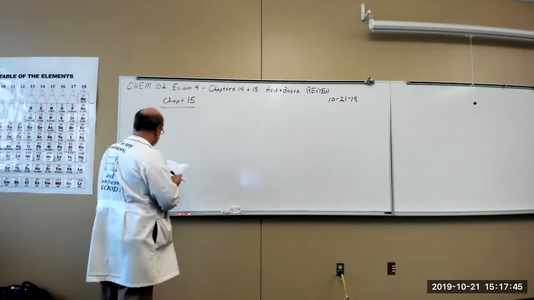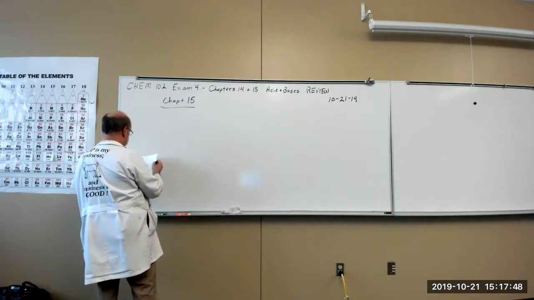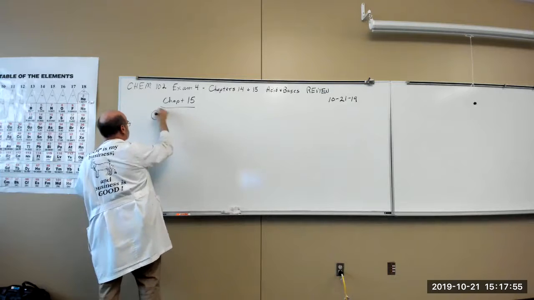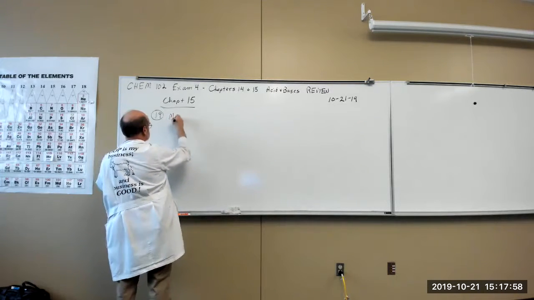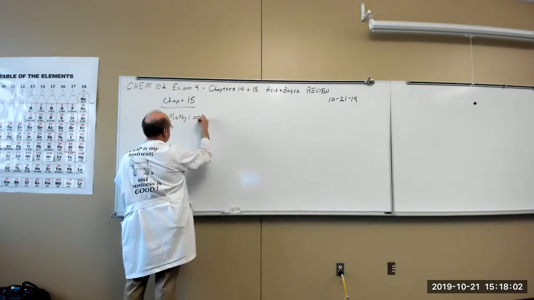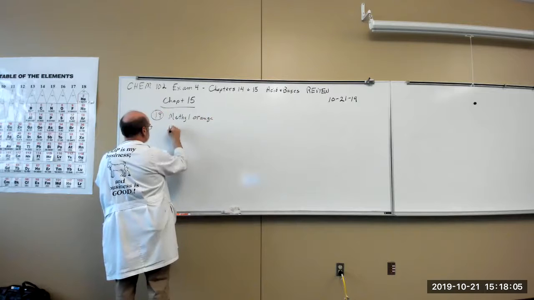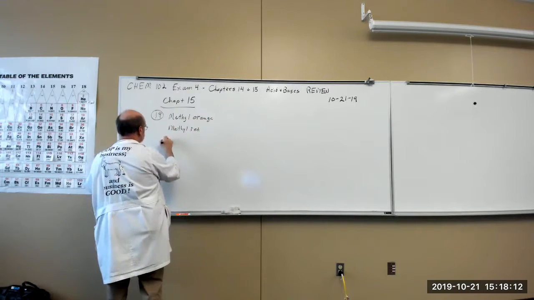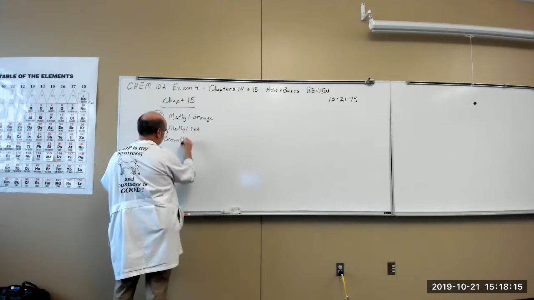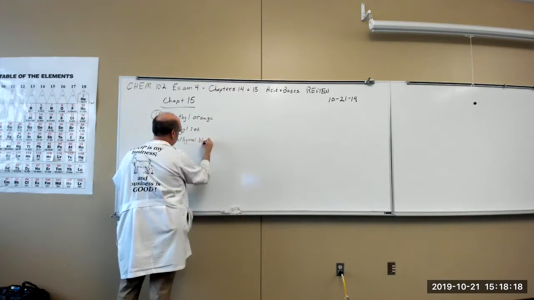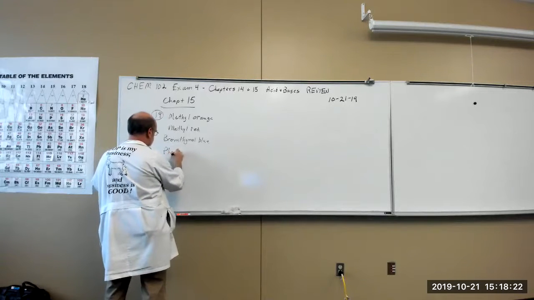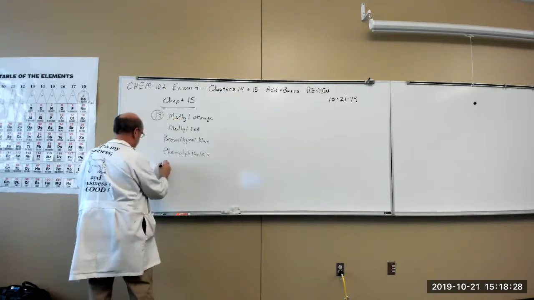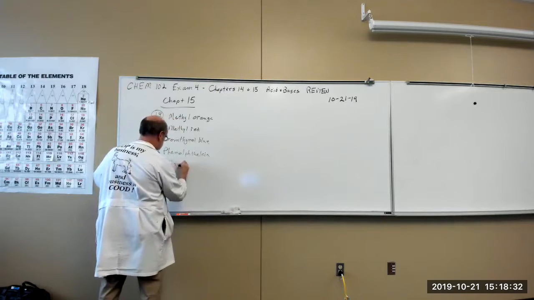So with that being said, suppose we have these choices. We have methyl orange, methyl red, bromothymol blue, phenolphthalein, and alizarin yellow.